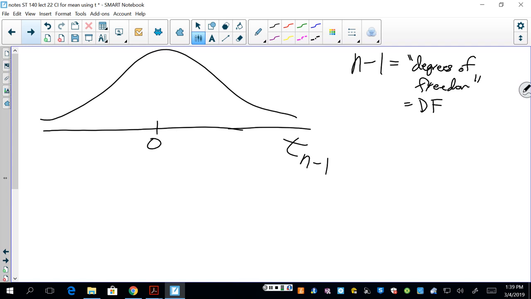This is standard terminology for the index on the t distribution. It comes really from things in linear algebra about how many restrictions there are on n data points. If there's an average, there's one restriction. So that's where we get n minus 1 in this case.